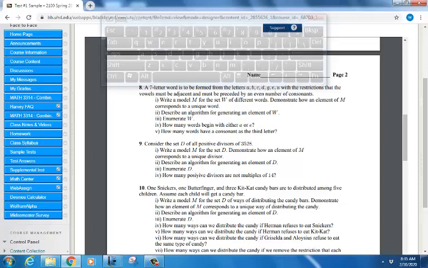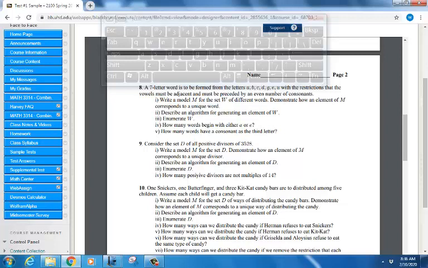But the restriction is that the vowels must be adjacent to each other and must be preceded by an even number of consonants. You'll know the difference between vowels and consonants. In this list, A, E, and U are vowels, and the remaining letters are consonants. So that's a fairly straightforward counting question.